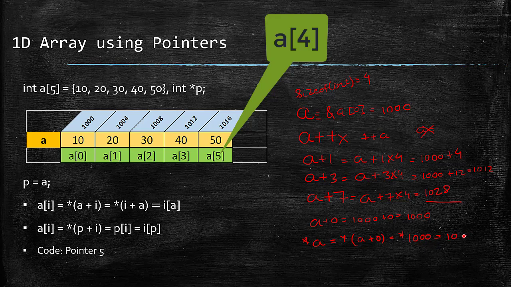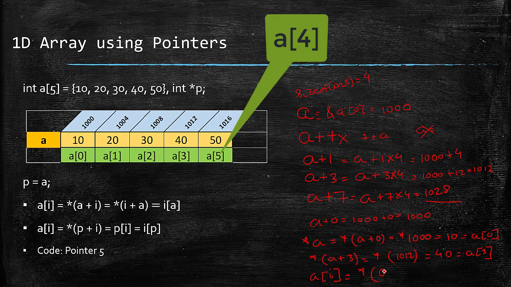Obviously, we can. Similarly, if I perform star of A plus 3, what address are we getting? We are getting 1012, and by the asterisk we are getting the value at that address. What is that value? The value is 40, which is the value of the A3 cell. So from here we can say that A[I] is equivalent to asterisk of A plus I.